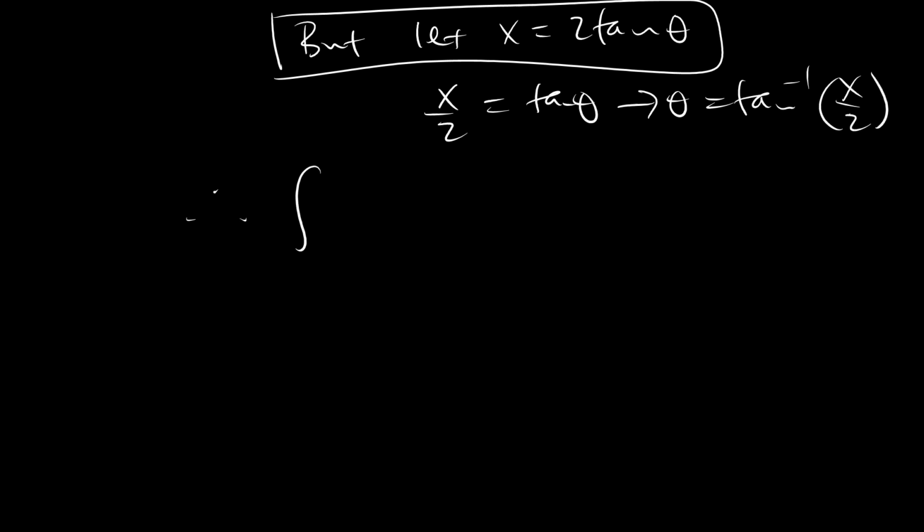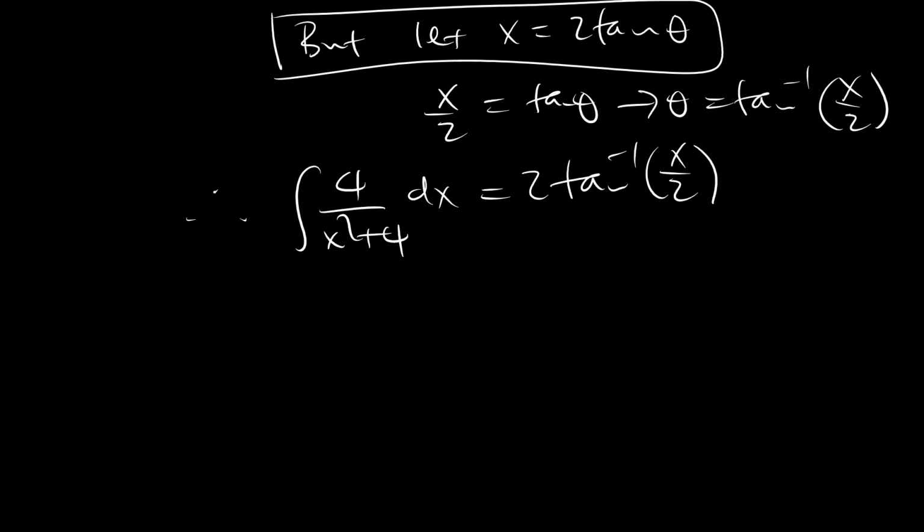Therefore, the integral of 4 over x squared plus 4 dx is equal to 2 theta plus c, which is 2 arctangent of x over 2 plus c.